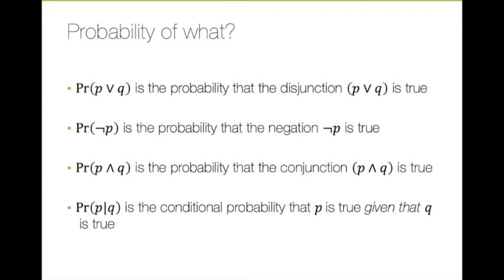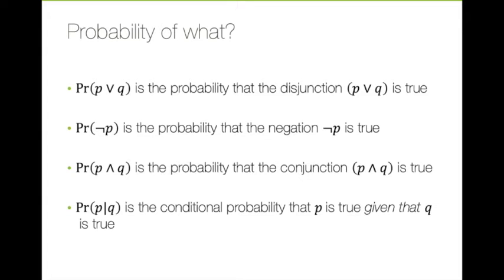So PR, P disjunction Q, that's the probability that the disjunction P or Q is true. PR parentheses negation P, that's the probability that the negation, not P, is true. PR P conjunction Q, that's the probability that the conjunction P and Q is true.